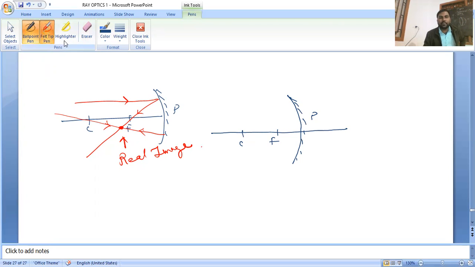Suppose an object is here, a ray is coming parallel and passes through the focus, and another ray passes through the center of curvature. They will pass like this, and after reflection these two rays become divergent.